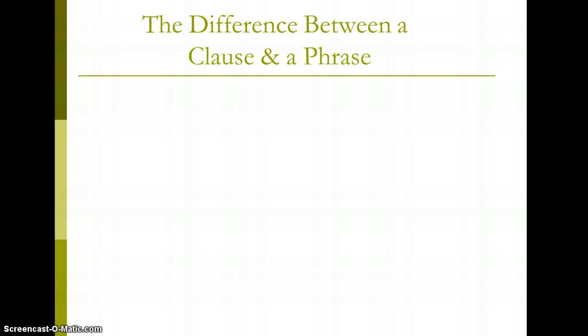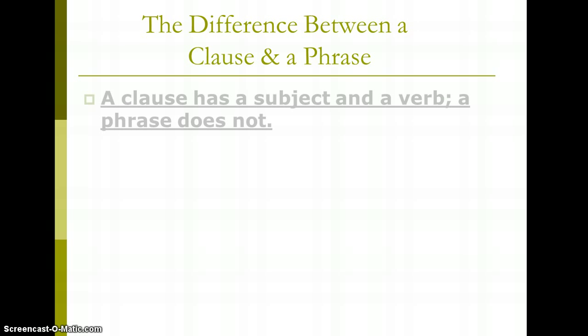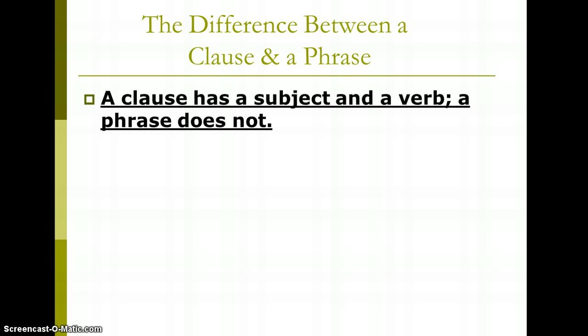While we're talking about subjects and verbs, let's take a quick peek at the difference between clauses and phrases. A clause has a subject and a verb, but it's not a sentence. A phrase only has one of those things, but not both. Here's a clause to take a look at.